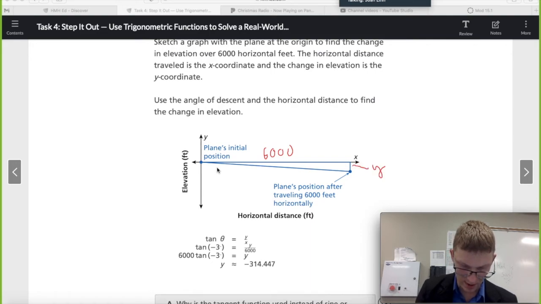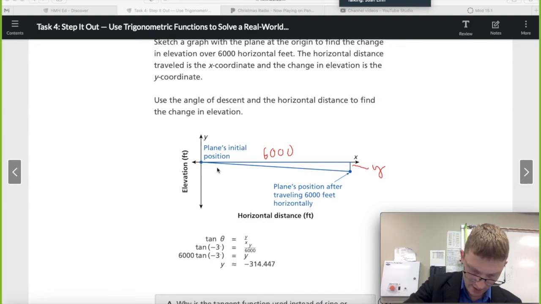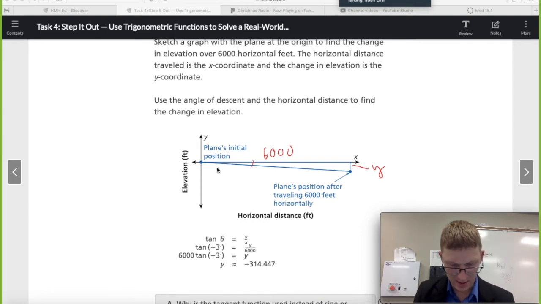We let y, and we have an angle. Okay? So we need one of our trig functions that has the opposite and adjacent. And I'm sure if you haven't looked down there, that's going to be our tan, or our tangent. So what we can do is we can say our tangent is equal to y over x.